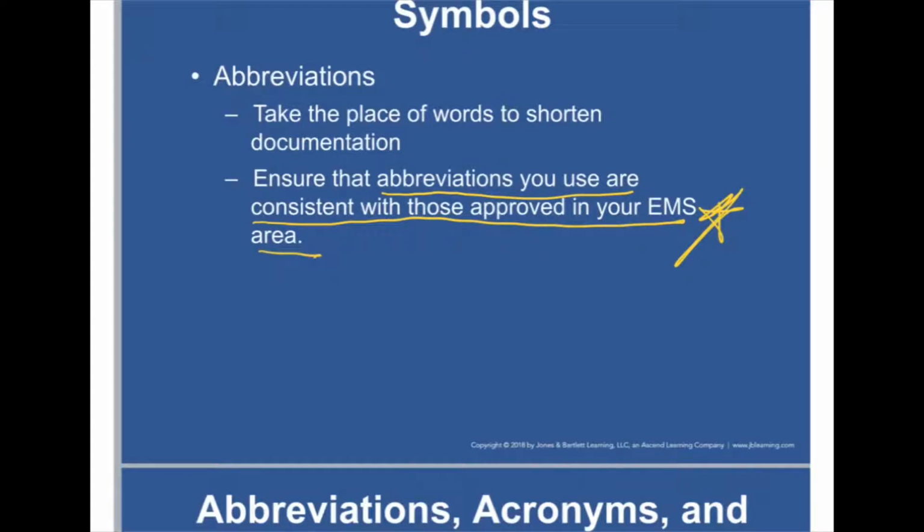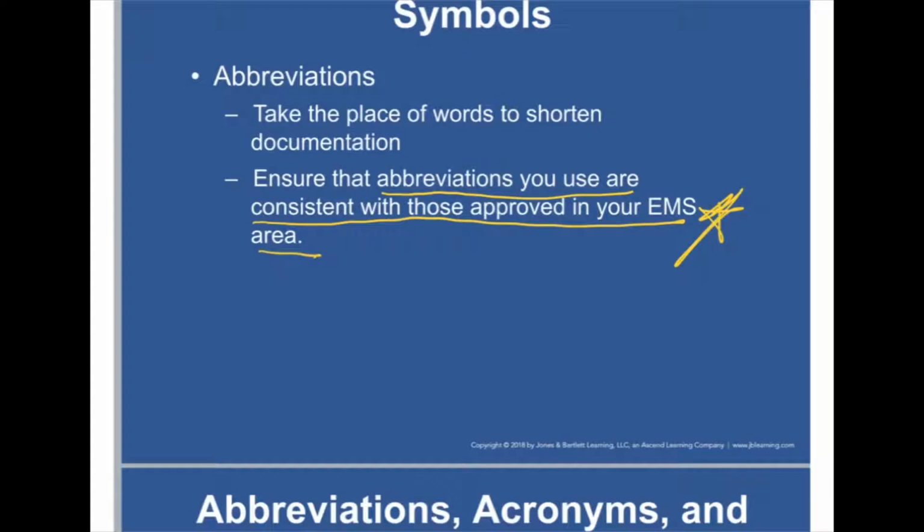If not, you can go online and look at the Joint Commission, the accrediting body that accredits hospitals in the United States. It has a list of abbreviations that are prohibited from use within hospitals. Now, EMS services don't really need to abide by that. However, it is a really good baseline tool because if the hospital is not allowed to use it, chances are you probably shouldn't be using it either.